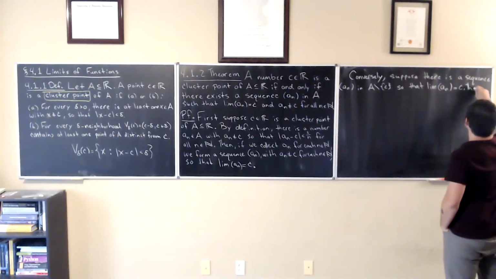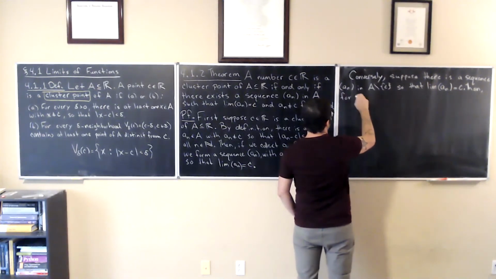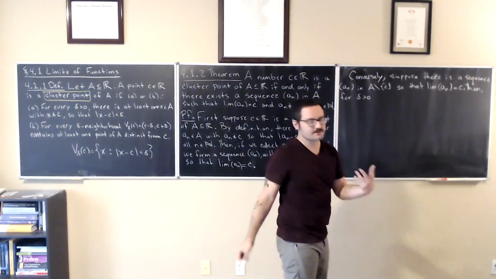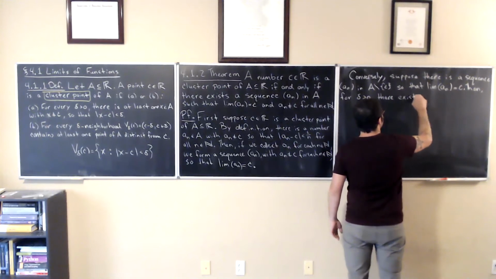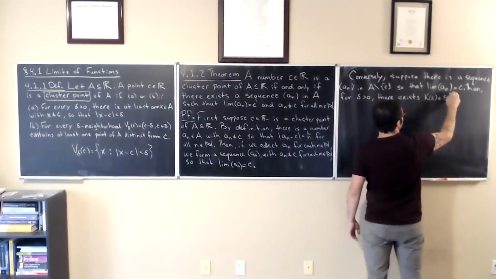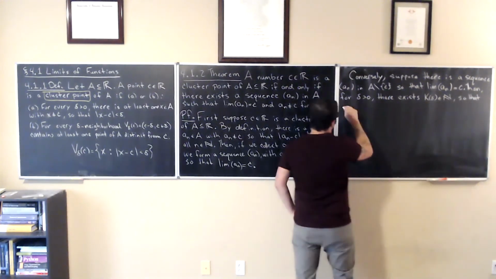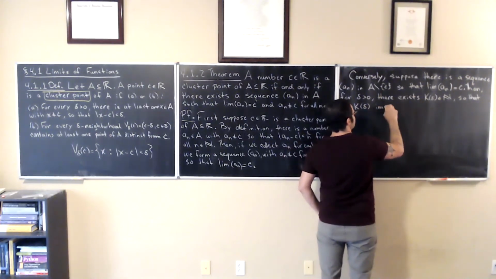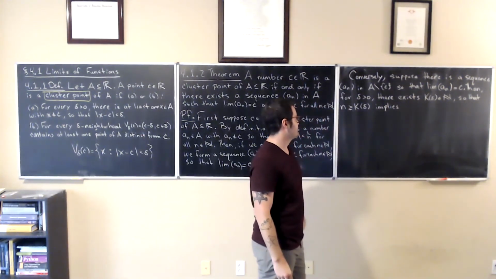Okay, so then for delta greater than 0, treat that like your epsilon, there exists some index, I'll call it k, which is dependent on delta, k delta, just some index, so that n greater than or equal to k delta implies that the distance from the sequence to C, the limit, is less than delta, right?